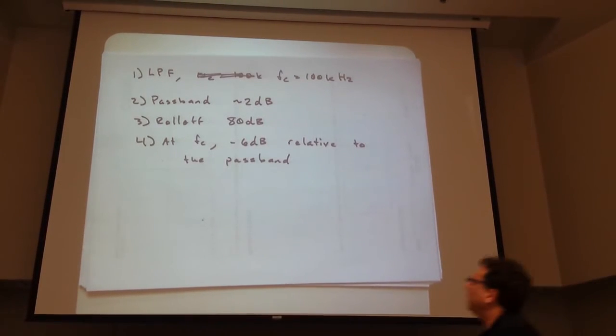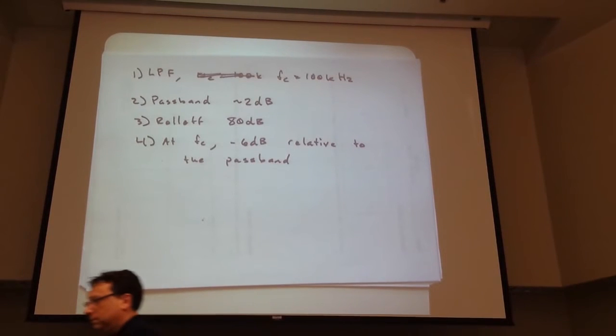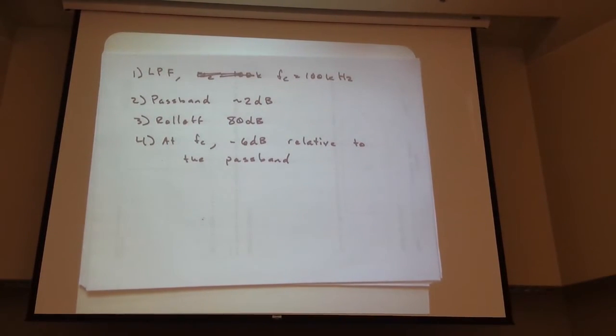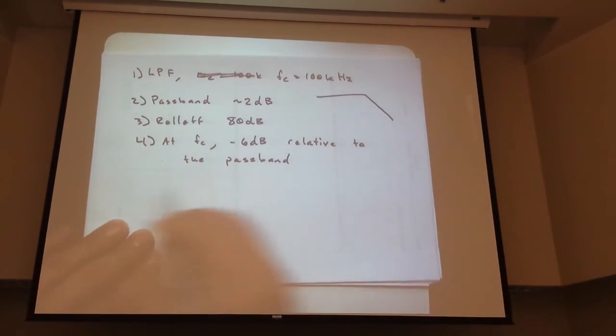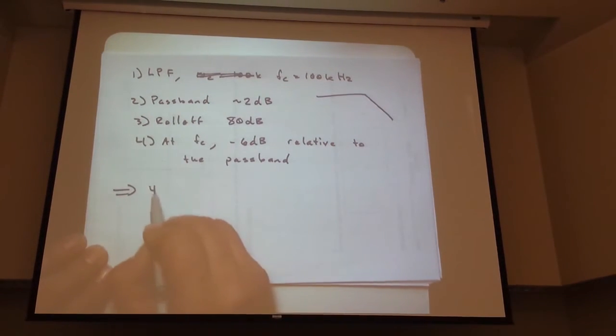So, what can we say about this circuit? We go from a flat pass band to 80 dB roll off. Effectively, how many poles do we have? About 4, or precisely 4. We go from 0 dB to 80 dB roll off, so we have 4 poles.